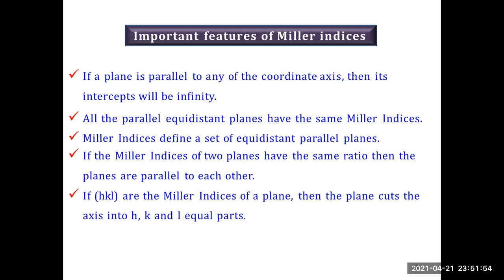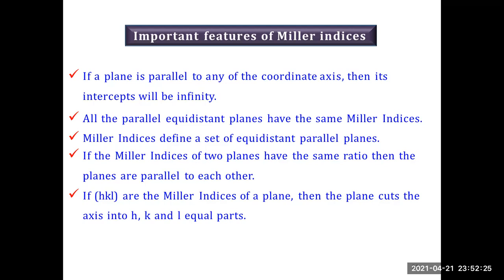If a plane is parallel to any of the coordinate axes, then the intercept will be taken as infinity. This is very, very important. And all the parallel equidistant planes have the same Miller indices.